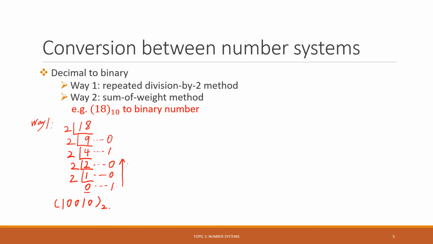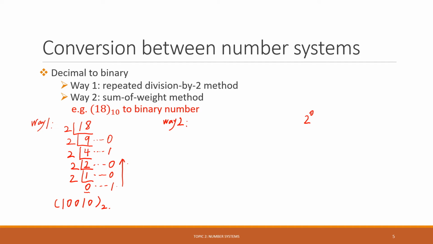But there is another way to do it. Way 2 is called sum of weights. What we do in this way is first write the powers of 2.